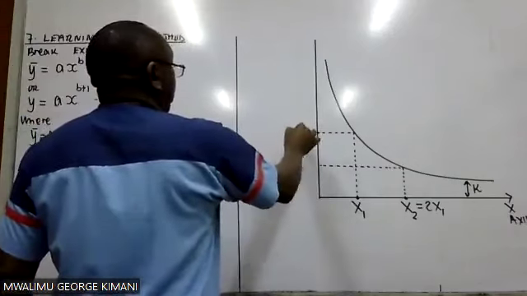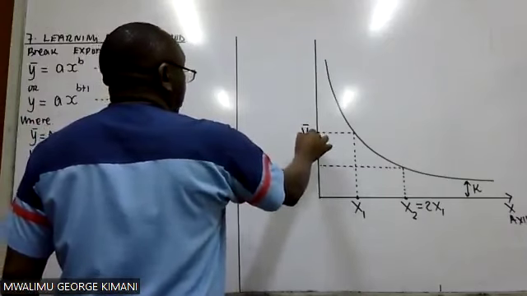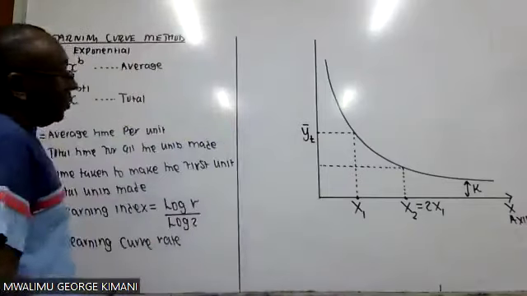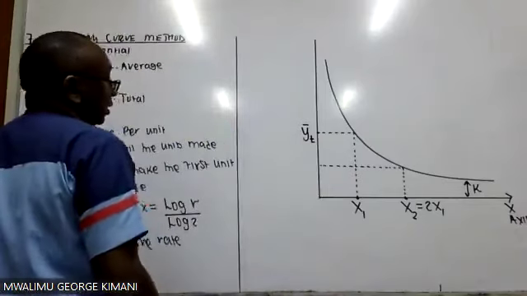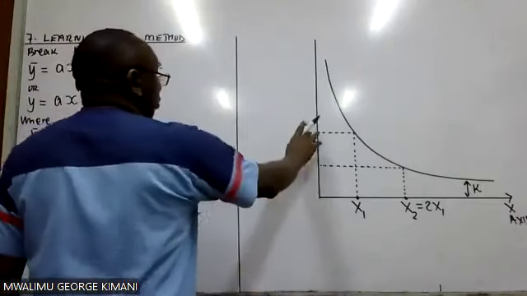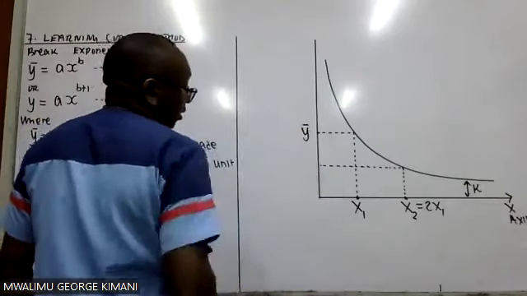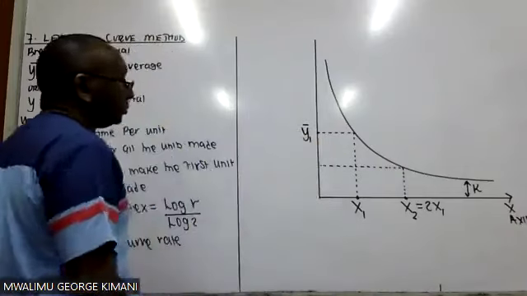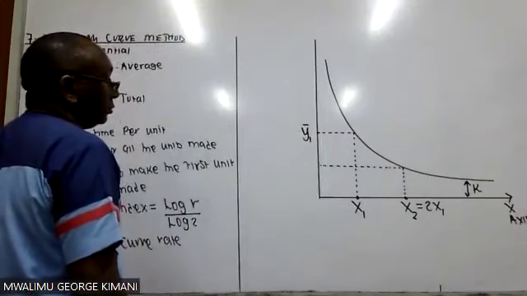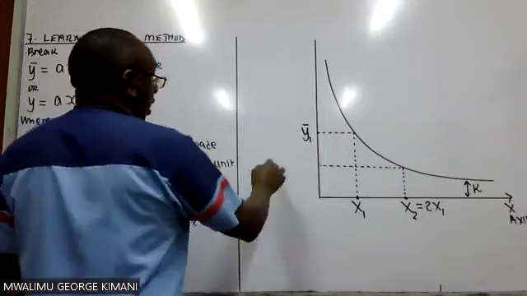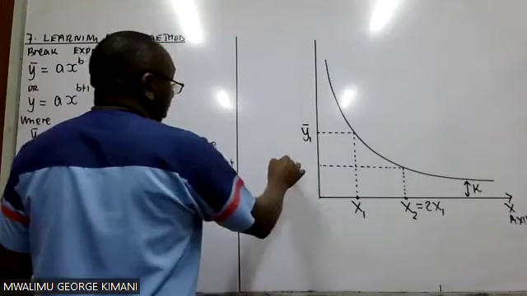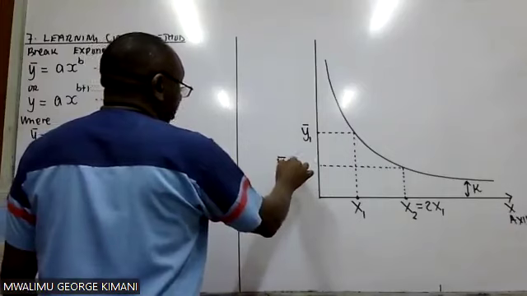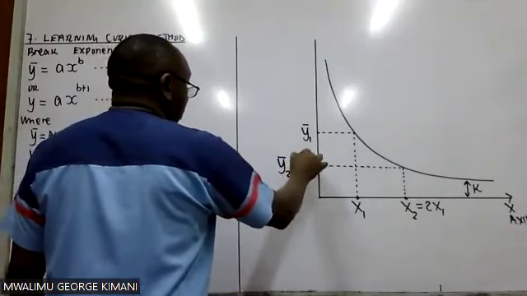Then this one is y bar 1. And then here we have y bar 2, which is given as r times y bar 1.